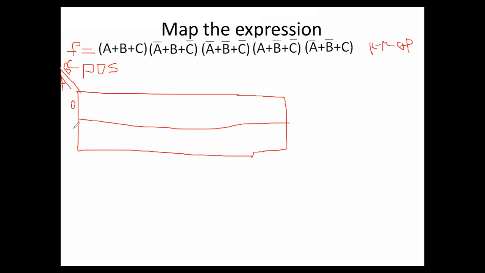A is 0 and 1. 0 means this is product of sum terms, so 0 belongs to A. A equal to 1 will be represented as A bar.